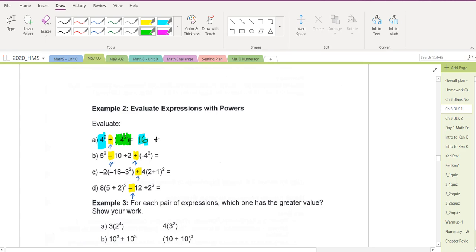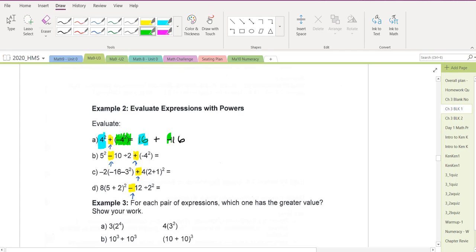Negative 4 squared in brackets. What would that simplify to? Negative 4 with a square. Go ahead. 16. Close. Negative 16? Negative 16, because that negative is not attached to the exponent, right? So it'd be negative 16.